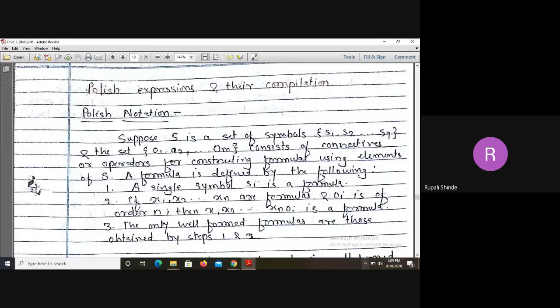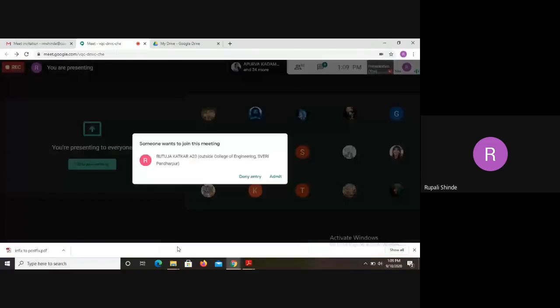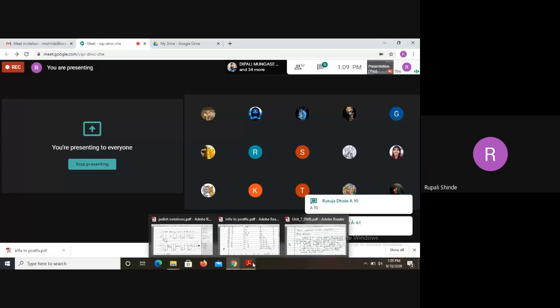Just let me know what is the syntax for prefix notation. We have seen Polish notations. There are three different types of Polish notations. First one is prefix, then infix, and postfix. So what is the syntax for a prefix notation?